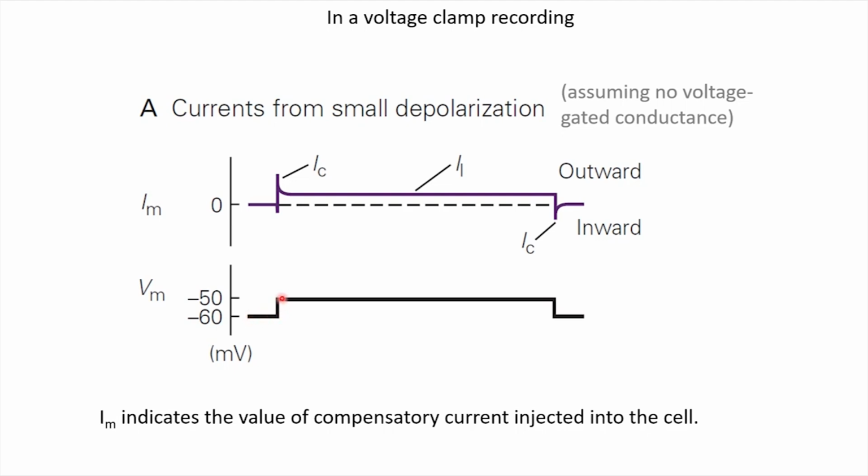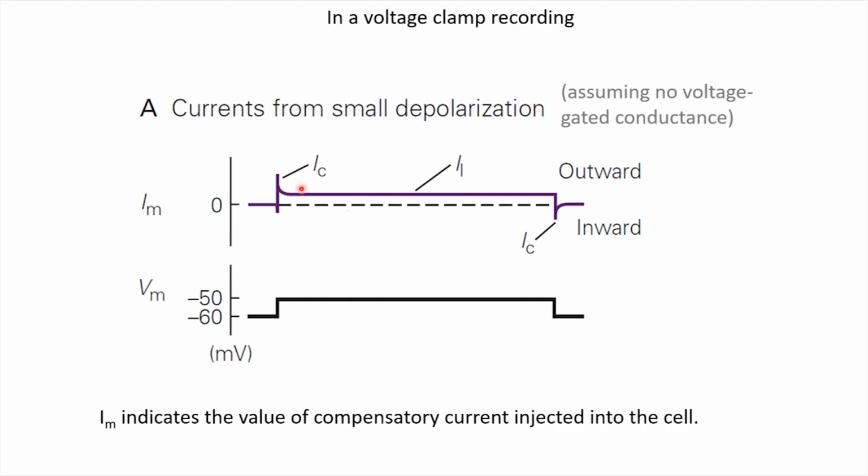But when the membrane potential becomes more positive, the difference between the membrane potential and the equilibrium potential of leakage channels becomes large. So the leakage currents will flow out of the neuron to make the neuron more negative, which means that the compensatory current will flow in to compensate for the leakage currents.